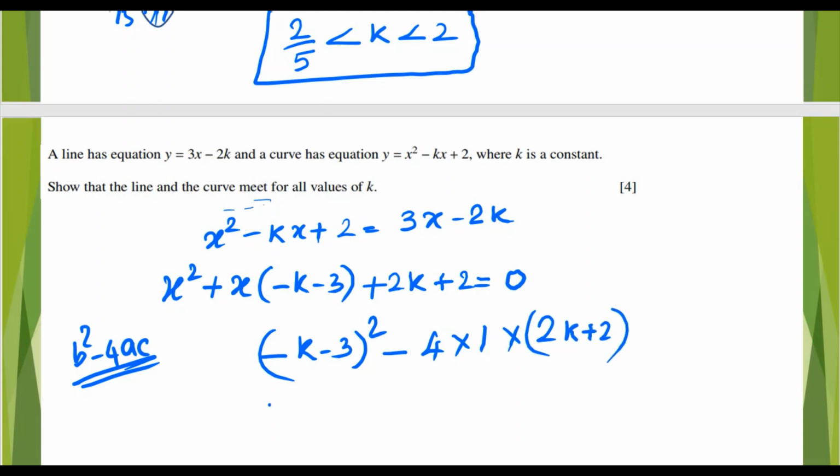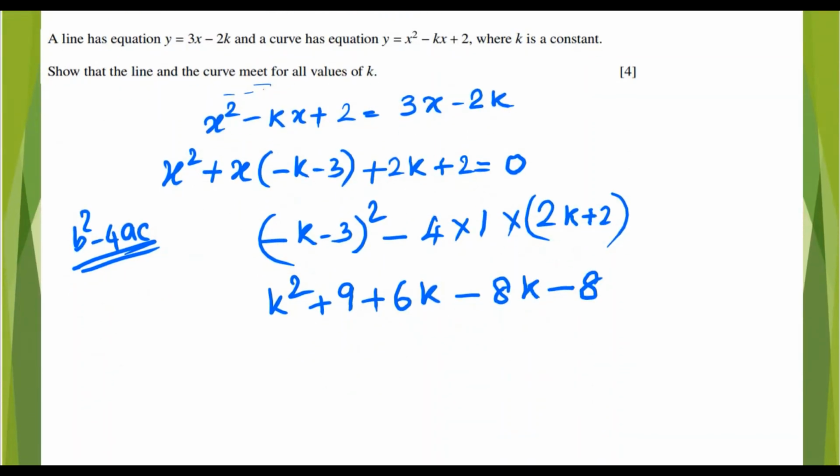Okay, so expand this one: k squared plus 9 plus 6k minus 8k minus 8. So k squared minus 2k plus 1. Okay, now we are getting a quadratic equation in k.